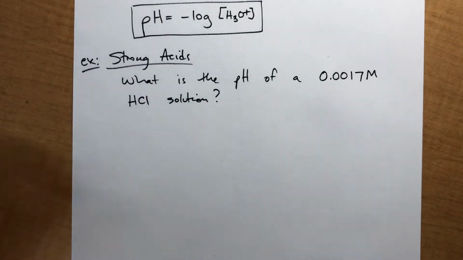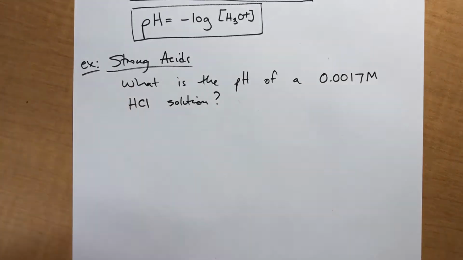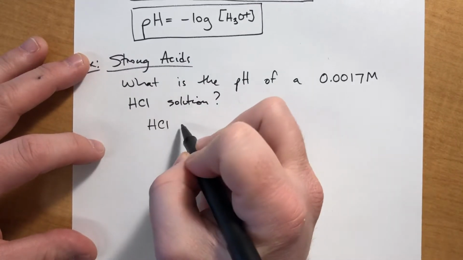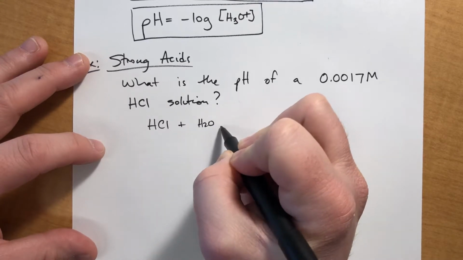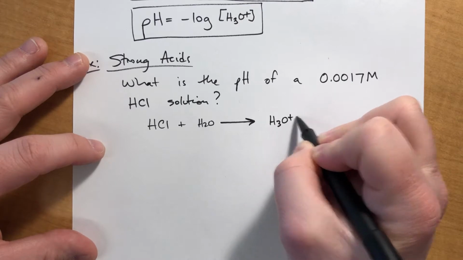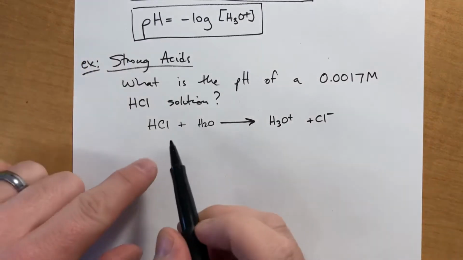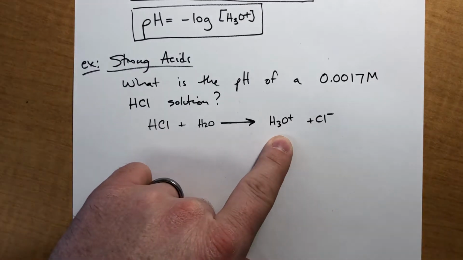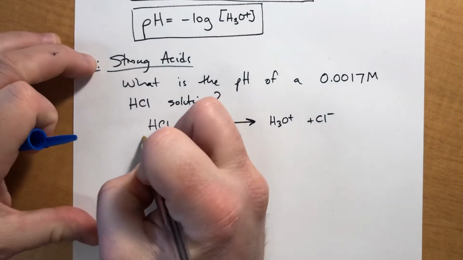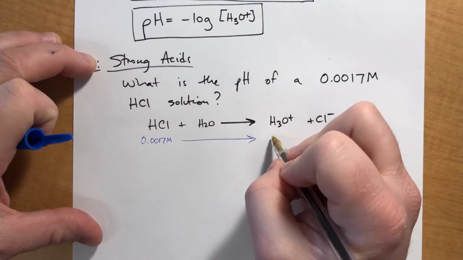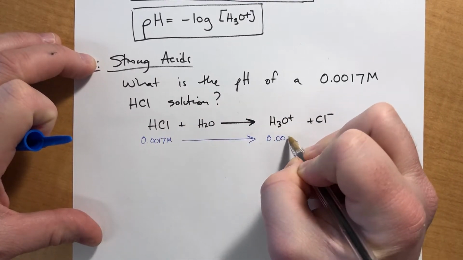In the last video, we talked about how HCl is a strong acid, which means it completely dissociates. So we don't necessarily have to write the equation for this, but I'm going to, for this example, show it to you. Because everything goes forward, there is no reverse reaction as far as we are concerned. Whatever the concentration of this is, that's what the concentration of this is going to be, since it all goes forward. So this was 0.0017 at the beginning. All of it went forward and became this, so this is also 0.0017.